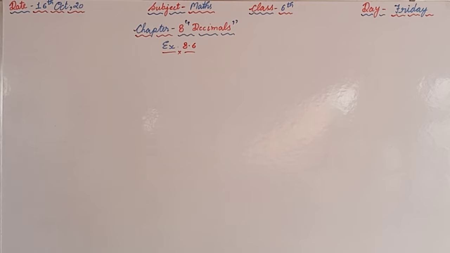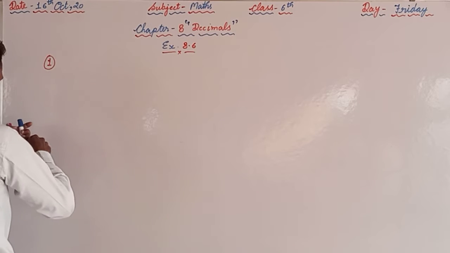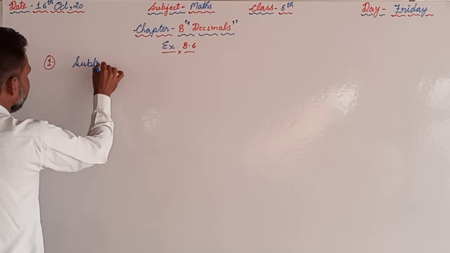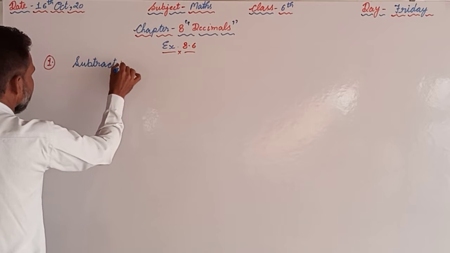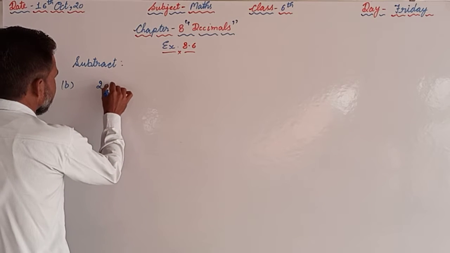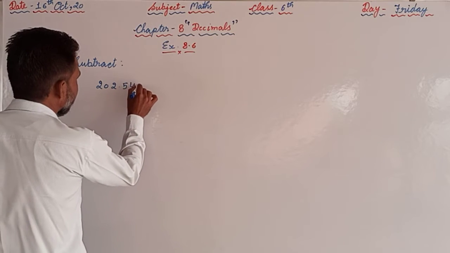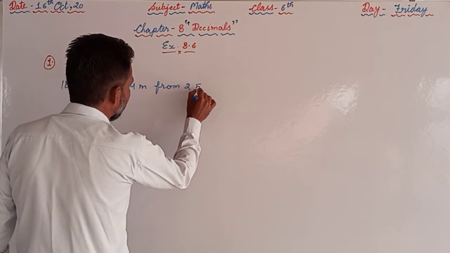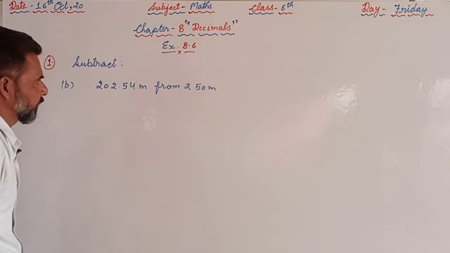Now today we got some doubts, that in question number 1, part B, question number 1 is subtract, and part B is we have to subtract 202.54 meters from 250 meters.